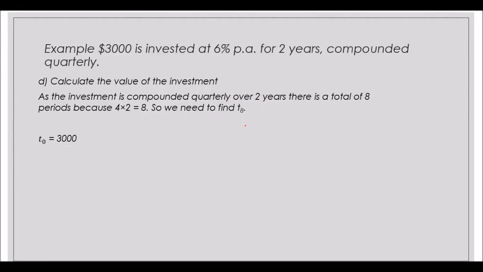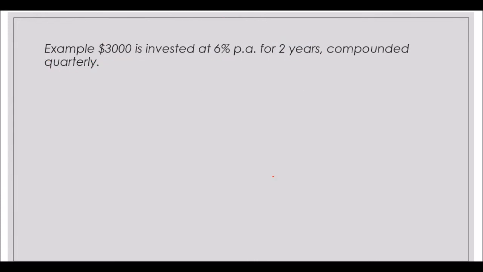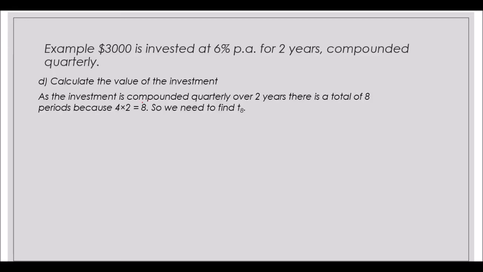So start off by using your recurrence relation. I'll rewrite it for you guys. The recurrence relation was T0 equals 3,000. So you're starting off at 3,000. Remember, T0 means starting term, not the first term. Tn plus 1 equals Tn times 1.015. To get the next number, T1, multiply by 1.015, which equals 3045.